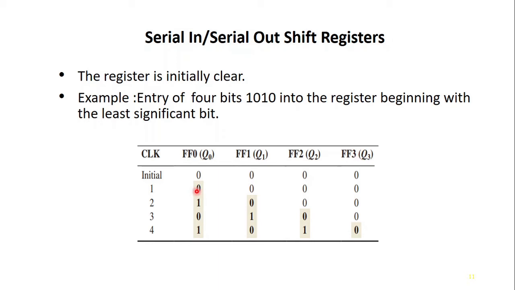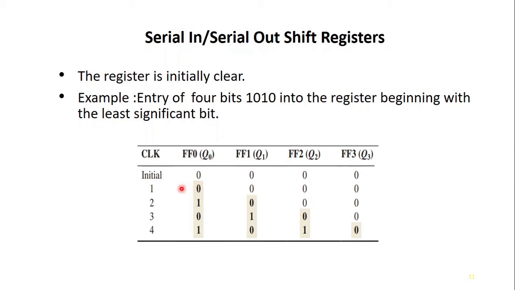The register is initially clear and the 0 is put onto the data input line, making D equal to 0 for FF0. When the first clock pulse is applied, FF0 is reset, thus storing a 0 in it.